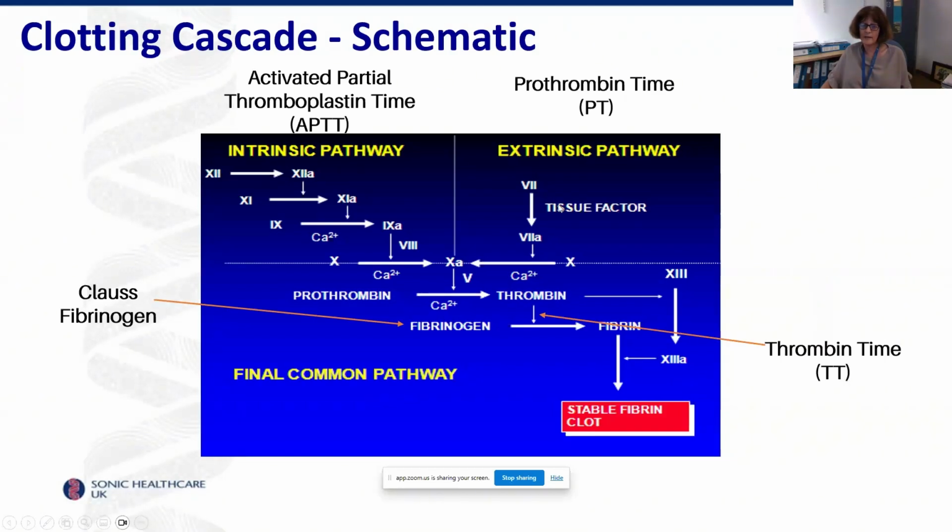So we've got a reagent that activates factor 7 to 7A, 10 to 10A, and on down to the thrombin enzyme converting fibrinogen to a fibrin clot. And then we've got the Clauss fibrinogen test, which directly measures fibrinogen levels. We then have a thrombin time test, which looks at how thrombin converts fibrinogen to fibrin. So it tells you a bit about the function of fibrinogen.